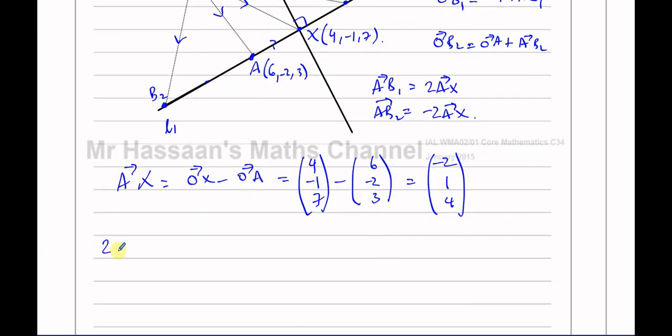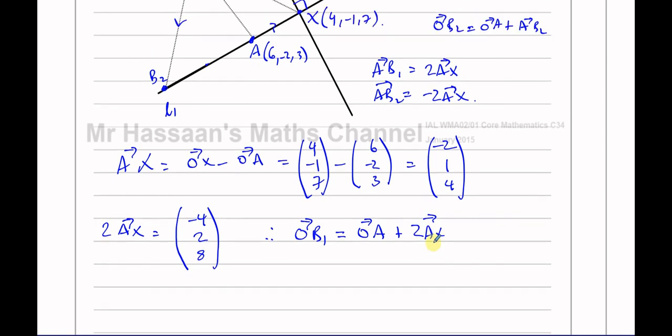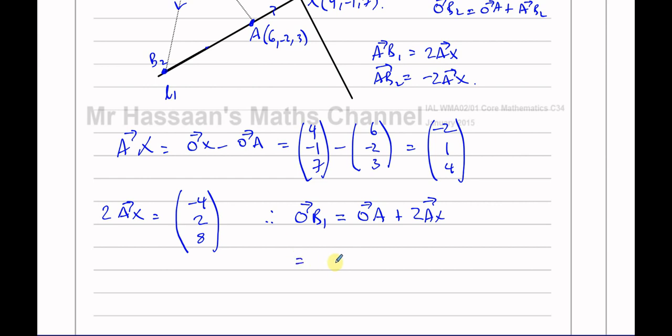And we can see that 2 times A to X is going to be the vector minus 4, 2, and 8. So therefore we can say the vector from O to B1 is the vector from O to A plus 2 A to X. So O to A was 6, minus 2, 3, so this is going to be 6, minus 2, 3 plus 2 A to X, which is minus 4, 2, 8.